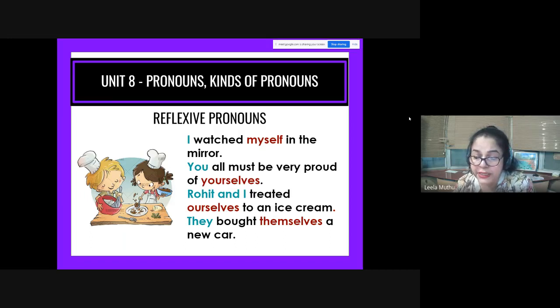Now, they bought themselves a new car. They is a personal pronoun of the third person plural. So we have to add selves, right? They bought themselves a new car. They bought whom a new car? Themselves. So in all these cases, the object in the sentence is the action that has been done to the subject themselves.